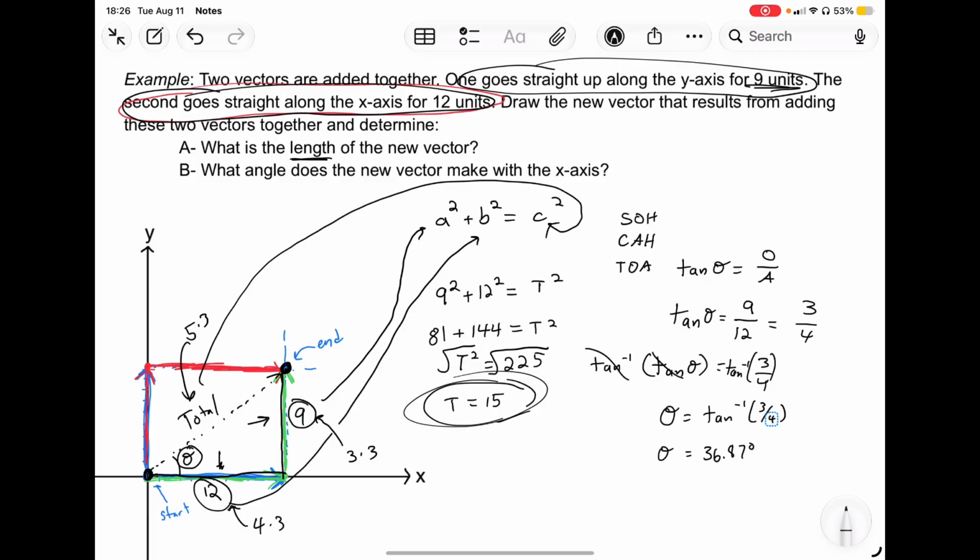So this guy right here is 36.9, we'll call that degrees. And that means, of course, since this is a 90-degree angle, since we made a 90-degree triangle, then we can figure out the angle over here on the other side, right? And that'll be 90 minus 36.9. So that'll be 53.1 degrees.